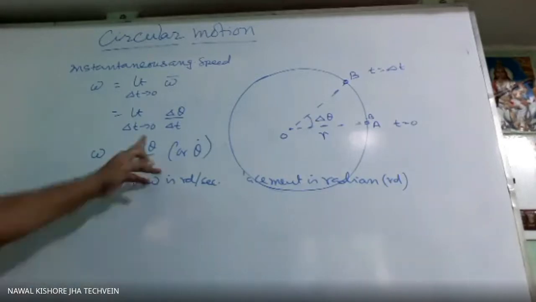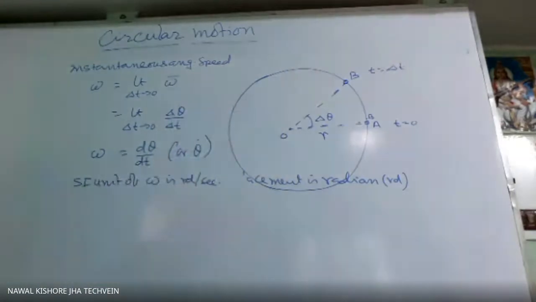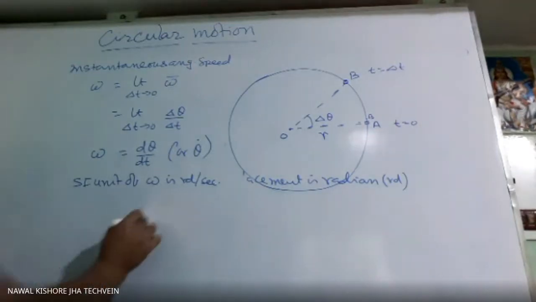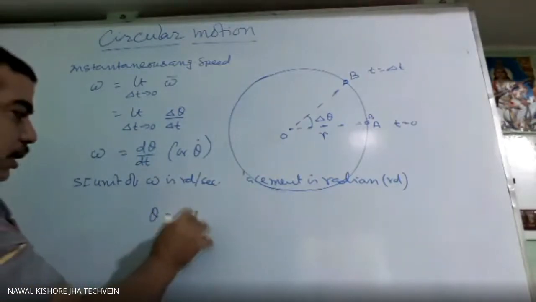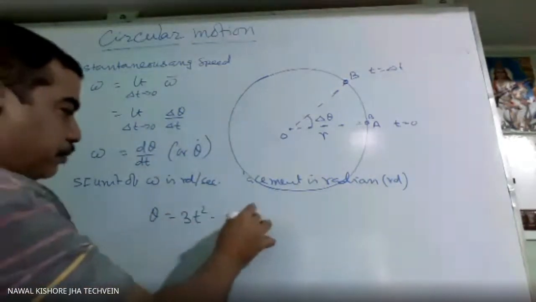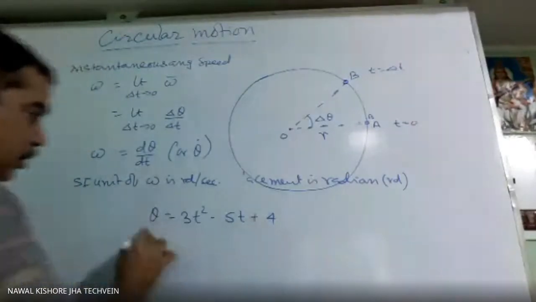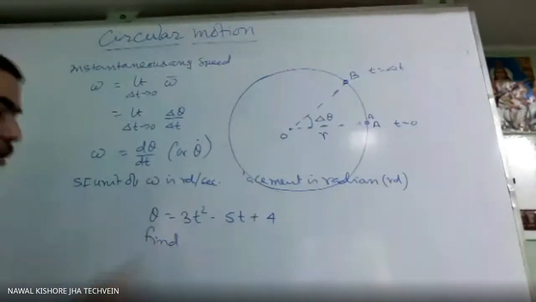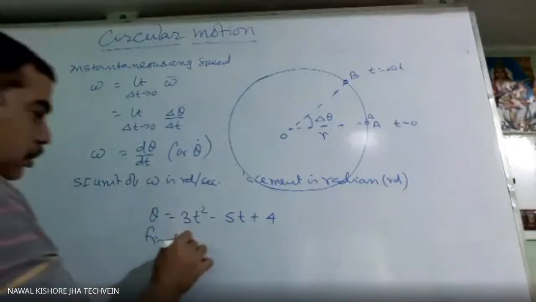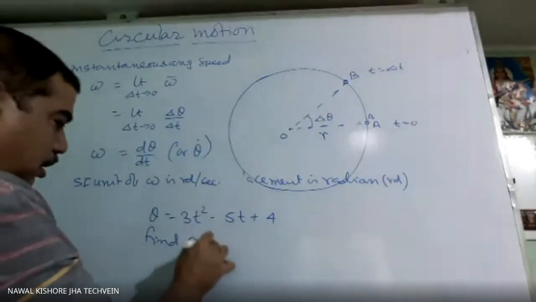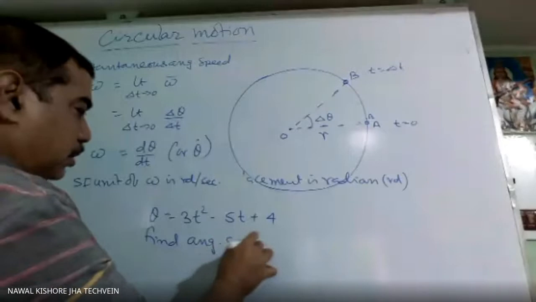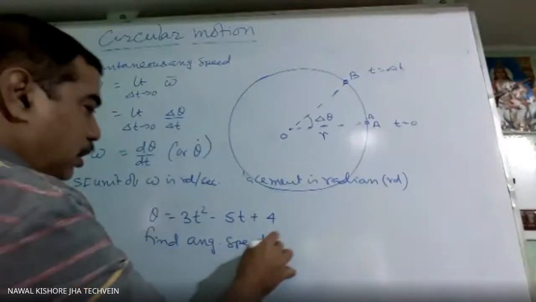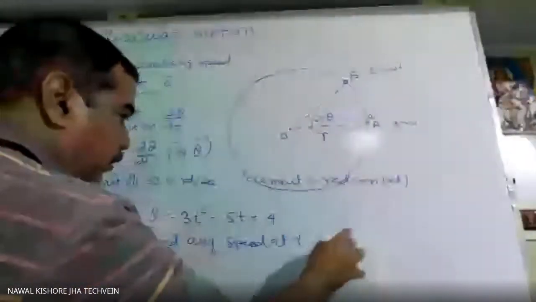Now sometimes this theta will be given in terms of time, and you will be asked to find the angular speed at this much time, like linear velocity. We are given theta is 3t square minus 5t plus 4. Find the angular speed at t equal to 3 seconds.